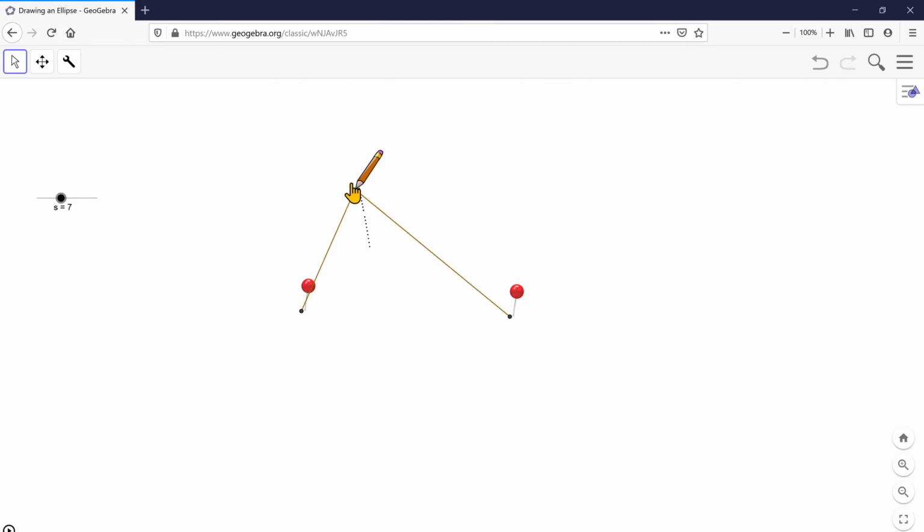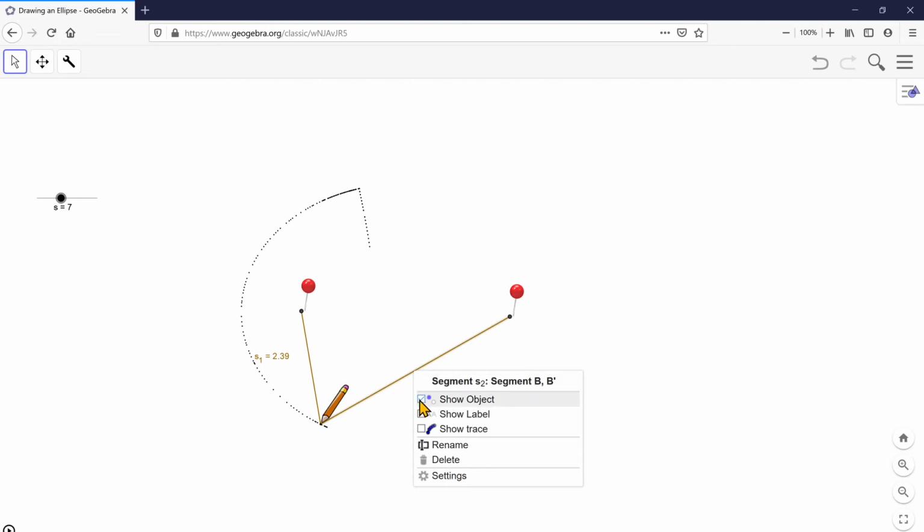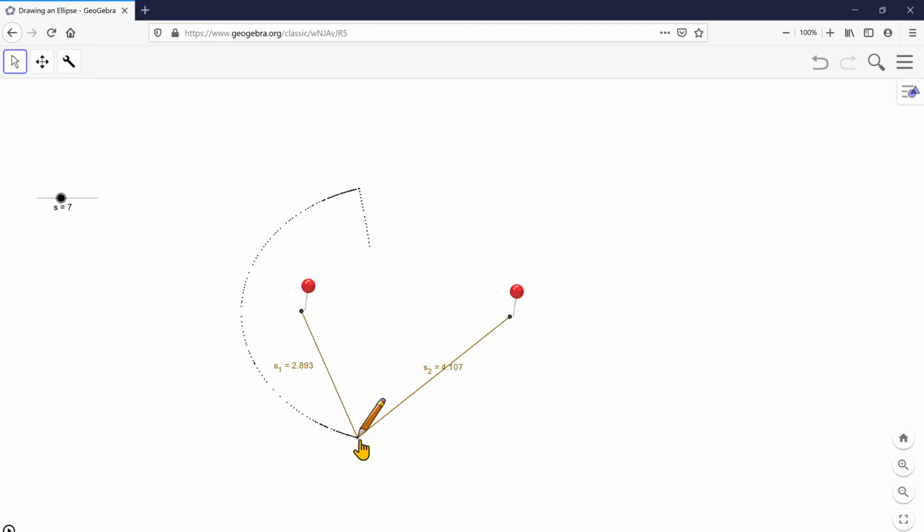And if I collect all those points where this segment is 2.39 and this segment is 2.61, together they give me 7. And it doesn't matter where I move it.